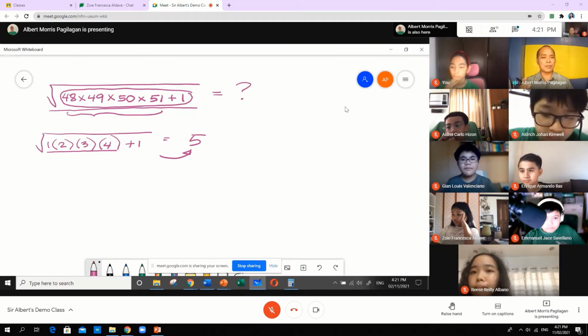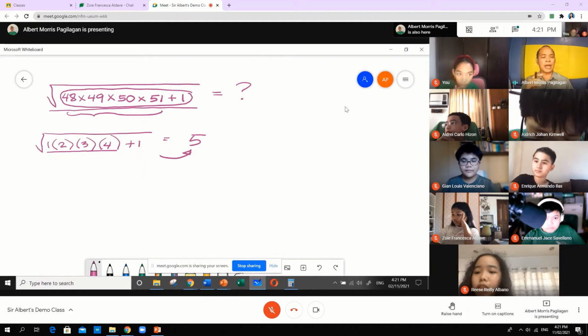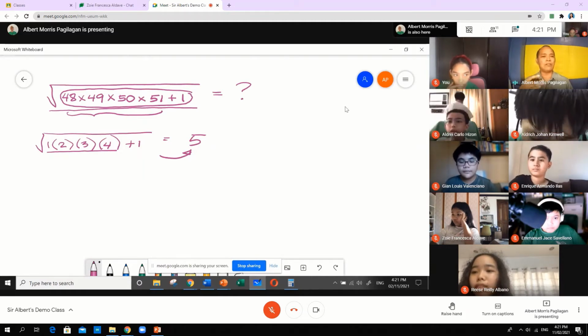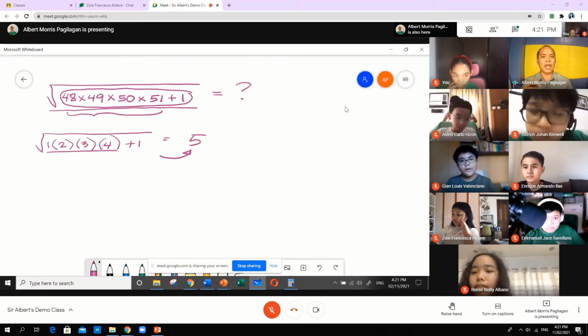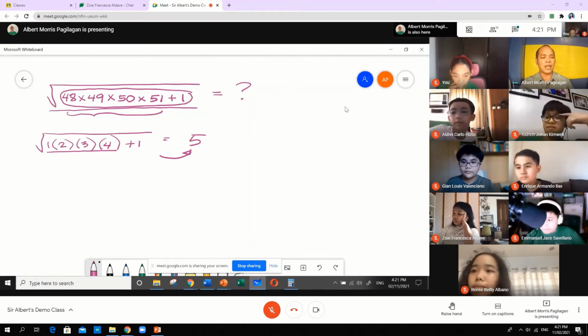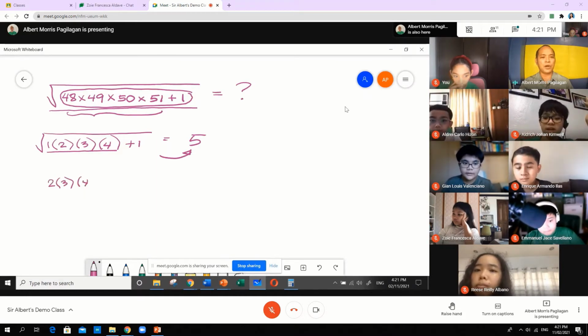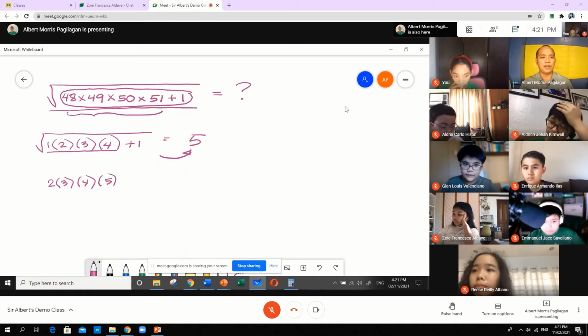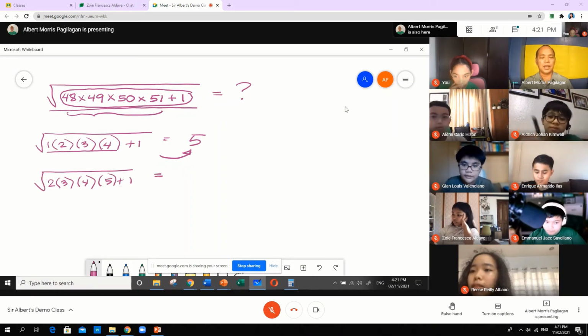If you'd like to establish patterns, you should be able to develop at least 3 of these similar problems before you can actually find a pattern. Okay? So, let's try working with the next smallest consecutive numbers. And that would give us 2 times 3 times 4 times 5 plus 1, and then take the square root of this one. Okay?